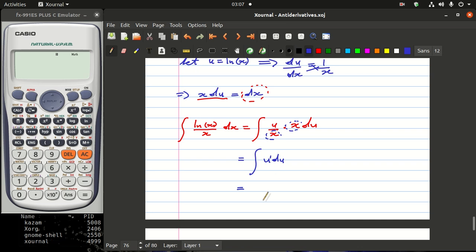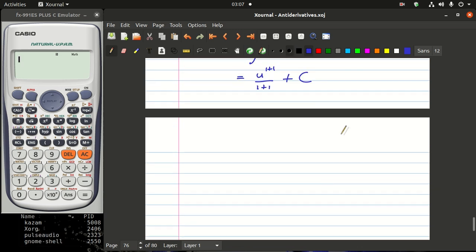If there is a 1 there as the exponent, you just add another 1, then divide by the new exponent, and then add the constant of integration. So you have u raised to 2 divided by 2 plus the constant of integration. If you leave it here, you can end up losing some marks.